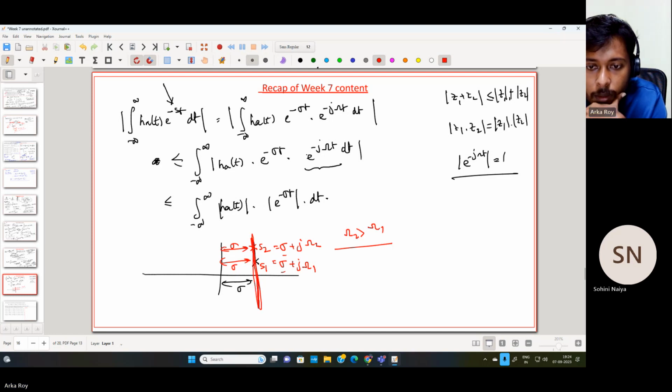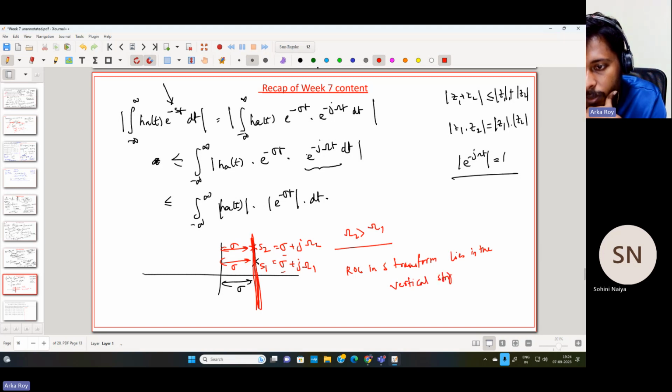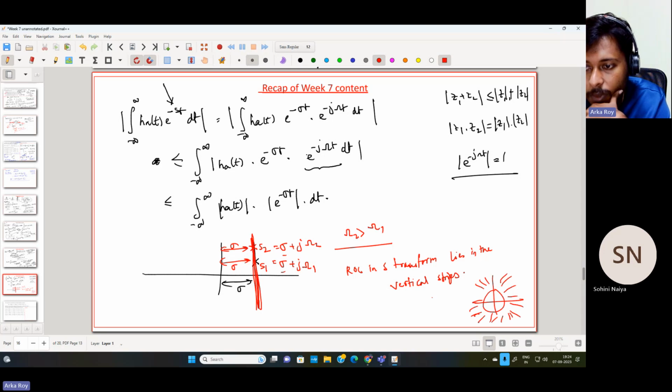That means in case of S transform, the ROC lies in vertical strips. Whereas in case of Z transform, we had seen that the ROC could be an annular ring.